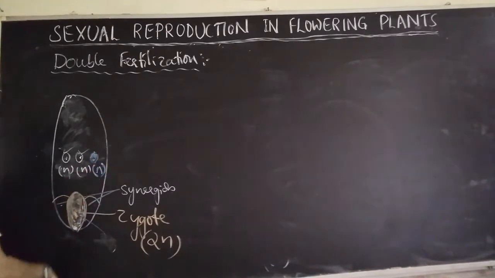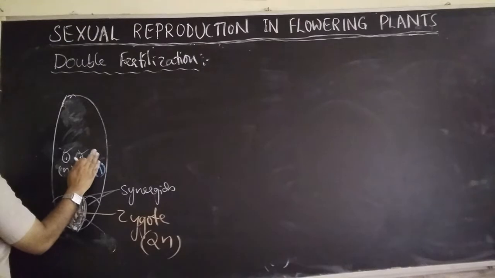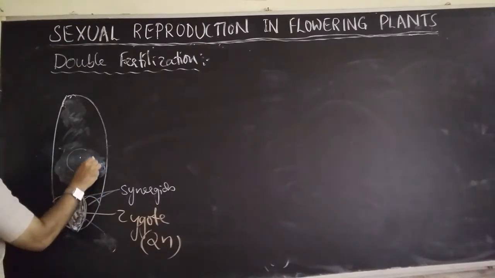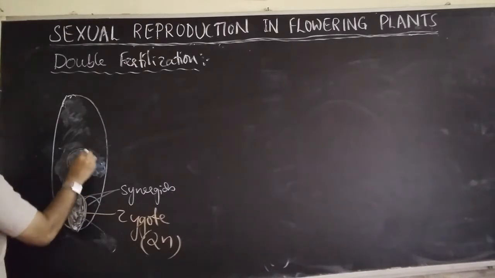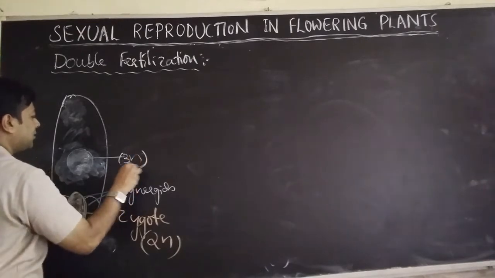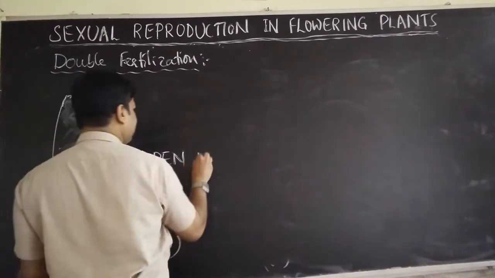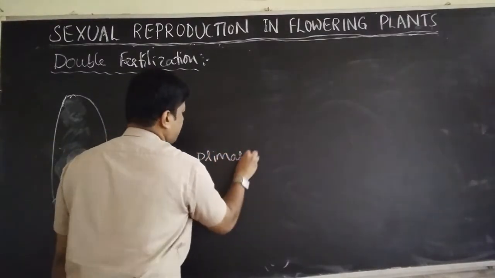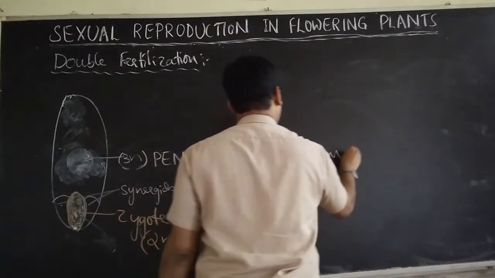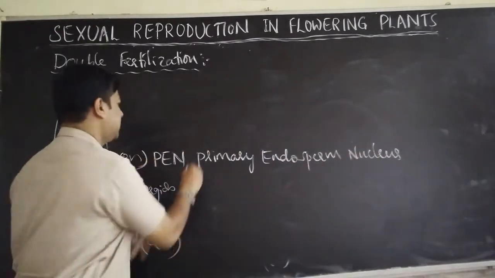So this is also N. This whole part will become one nucleus, N plus N plus N, that is 3N, and this nucleus is called the primary endosperm nucleus, in short PEN.